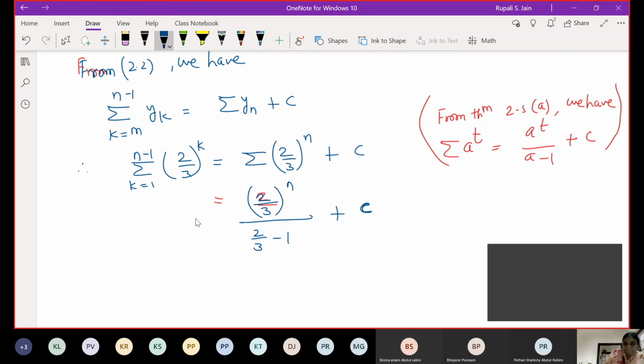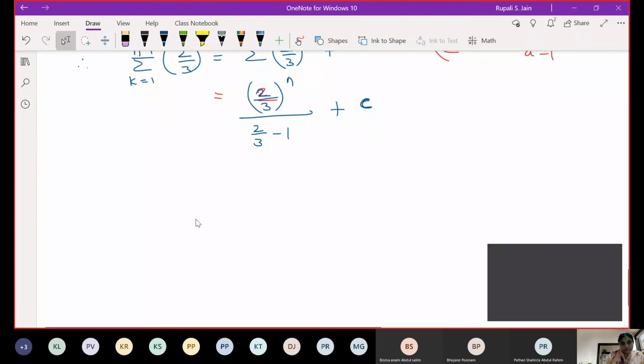Is this clear? Yes, ma'am. So there is no harm if I write here c1, then here plus c, and then c1 plus c2 is equal to c. Also no problem. So what will I get here? 2 by 3 raised to n divided by minus 1 by 3, that is 2 by 3 minus 1, which is minus 1 by 3. So I can write here minus 3 times 2 by 3 raised to n, plus some constant.